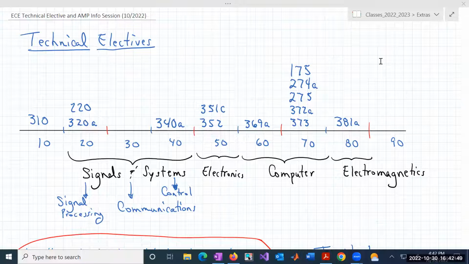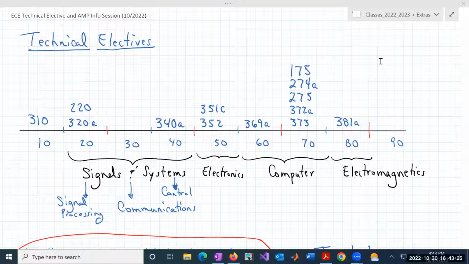But if you enjoyed classes that were in the 20s, like 220, 320, the 40s, 340, those are signals and systems classes, and technical elective courses in signal processing, in communications, and in control will fall in generally the 20s, 30s, and 40s, meaning 429 is a digital signal processing class, 441A is a controls class, etc.